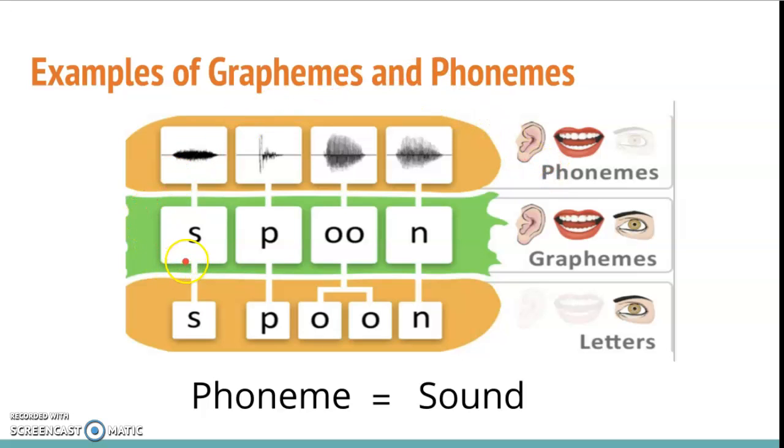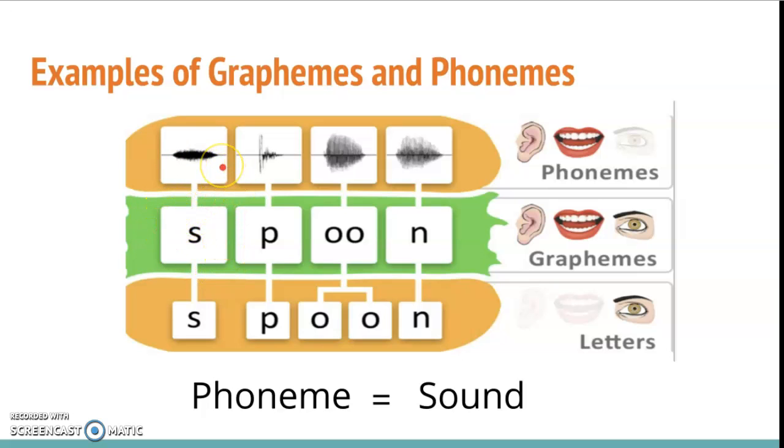So let's try that again. S, p, oo. You see how oo is 2 letters, but it is 1 sound. Just like in the word moon, this makes 1 sound. So when we see these letters and we count the number of sounds on our fingers, then what I like to do is draw a box.